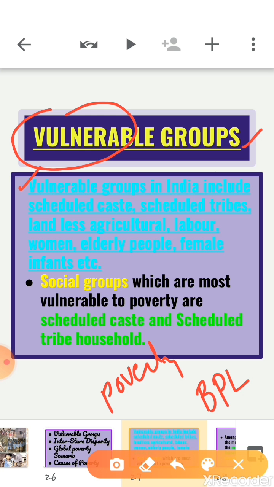Vulnerable groups in India include SC, that means scheduled castes, scheduled tribes, landless agricultural labor, women, elderly people, female infants, etc. Let's first talk about the social groups. The social groups most vulnerable to poverty are the scheduled caste and scheduled tribe households.